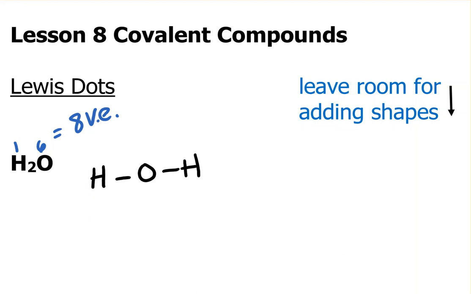And so one of the big keys, we need to know how to count these bonds. That dash represents 2 electrons. So right now, this hydrogen has 2 electrons, and hydrogen is happy with 2. So this hydrogen and this hydrogen already have enough electrons. So how many have I put on there already on this structure?